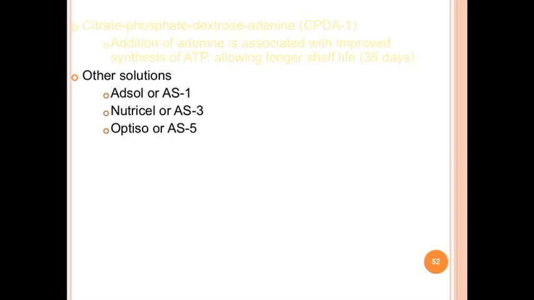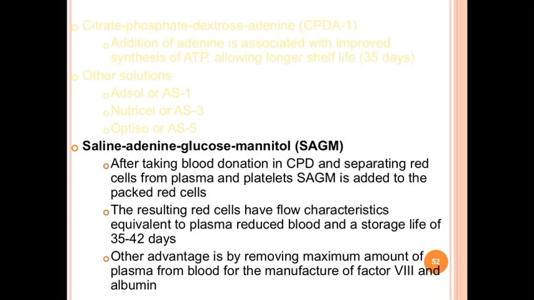Other solutions are Adsol or AS1, Nutricel or AS3, and Optisol or AS5. And SAGM, currently the most used anticoagulant in the blood bank, is saline, adenine, glucose and mannitol.